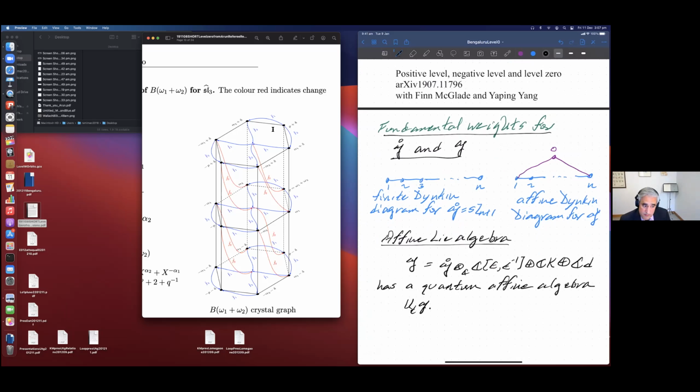I use T in this story instead of Q because I want the T to match T in Macdonald polynomials.